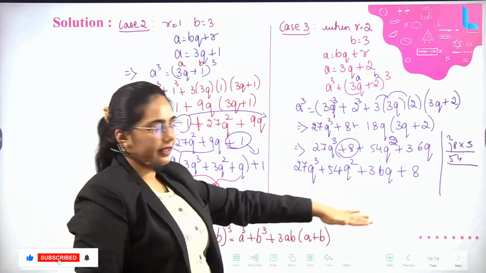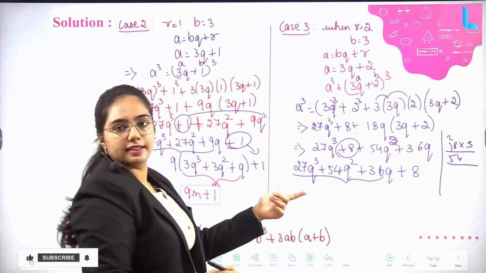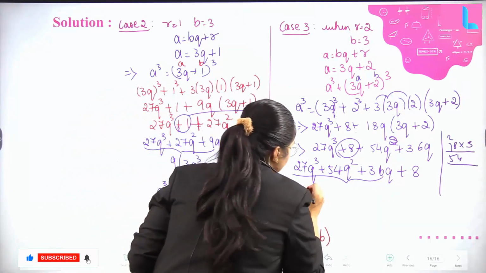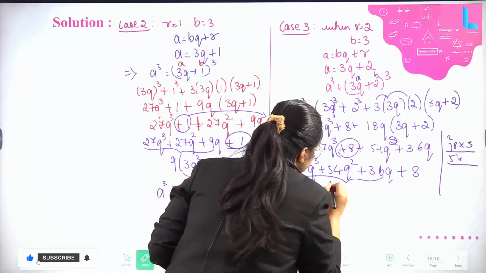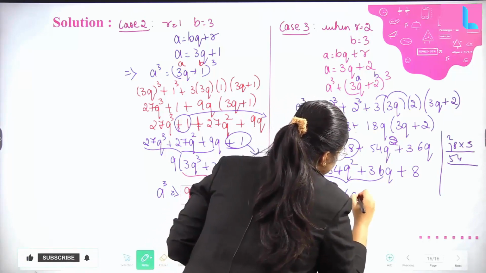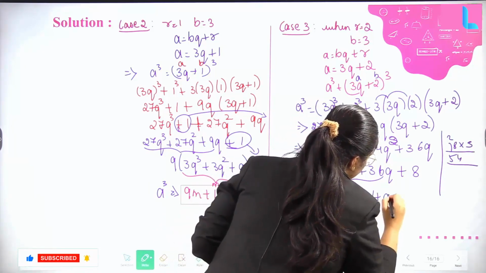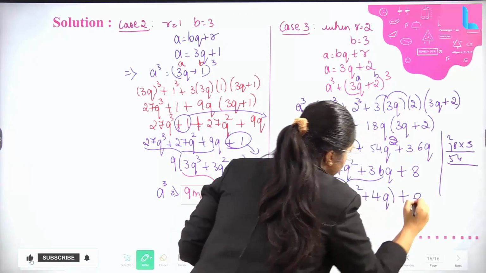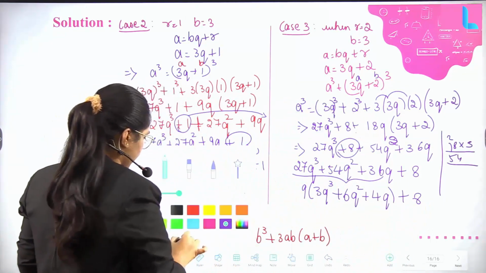Okay, this is how you can rearrange this, and from this thing you can take 9 common. 9 if you take common, 3 times, 6 times, see if you take this common, this is what you'll get.